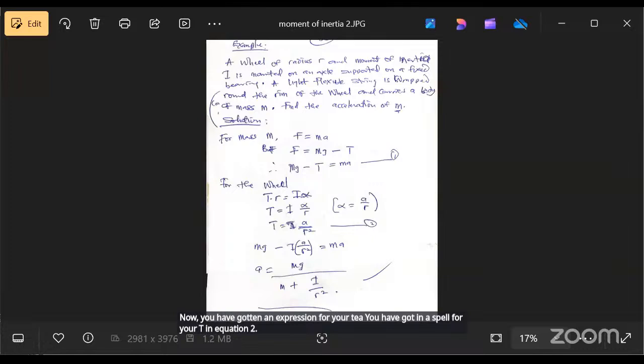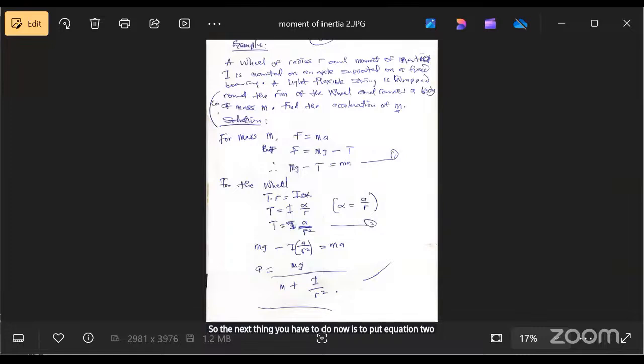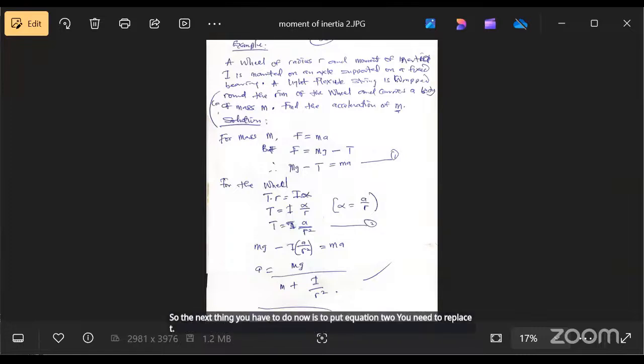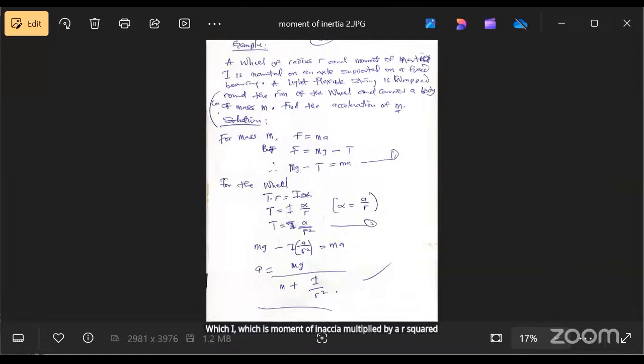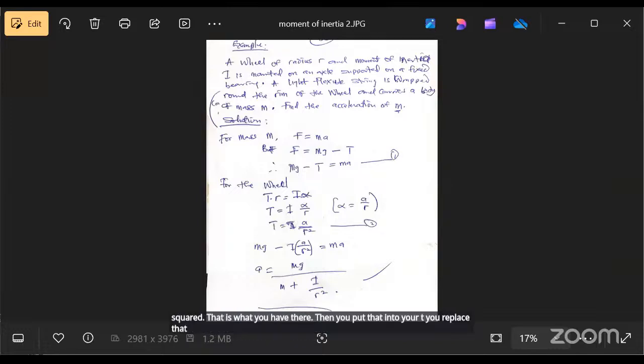So the next thing you have to do now is to put equation 2 into equation 1. You need to replace T with I, the moment of inertia, multiplied by A, all over R squared. That is what you have there. Then you put that into your T. You replace that with the T. Then you are left with mass, gravity, moment of inertia, and acceleration.